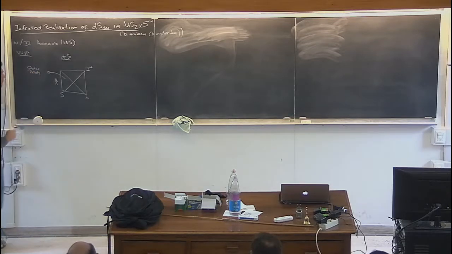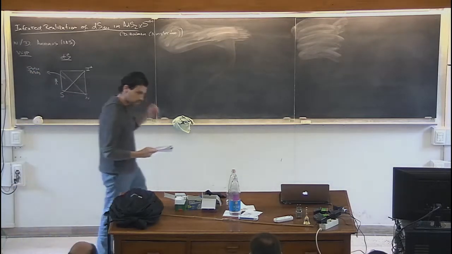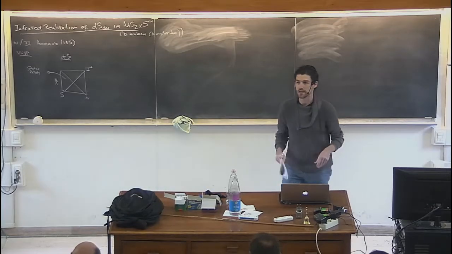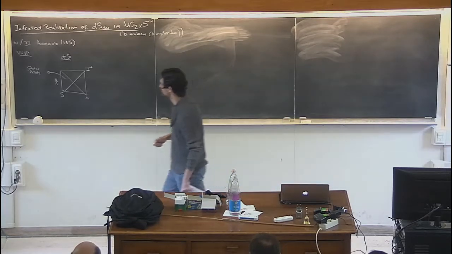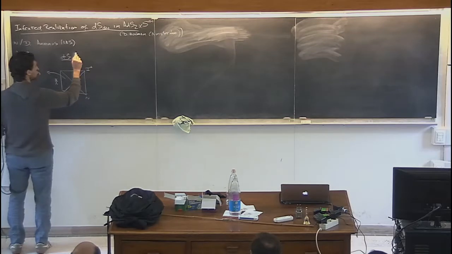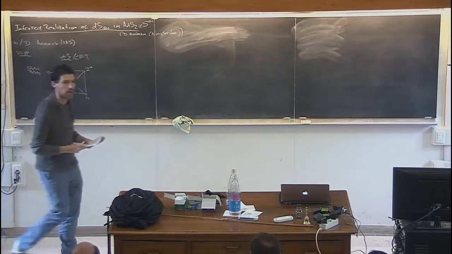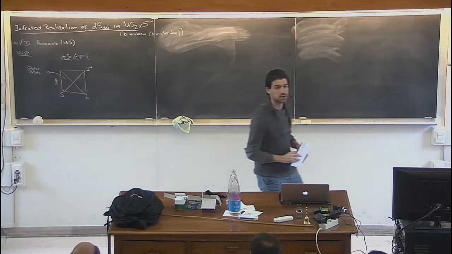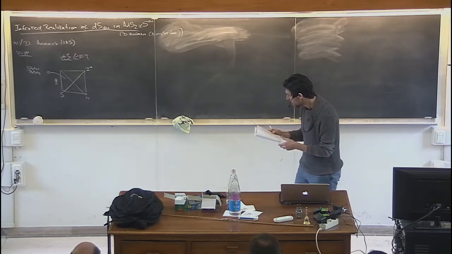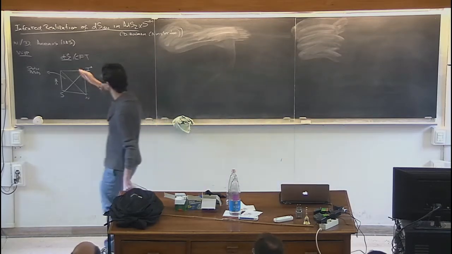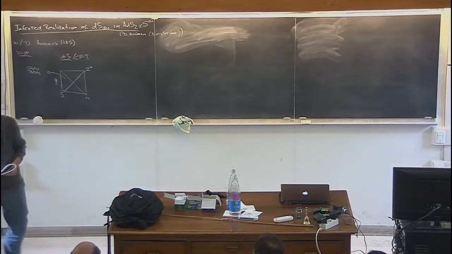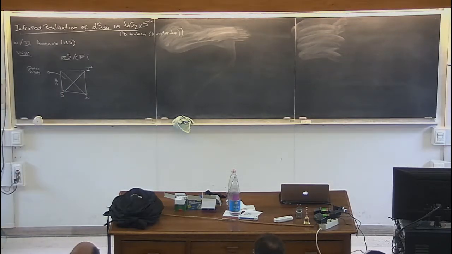Now, if we want to do holography, I guess the state of the art is what's called the dS-CFT correspondence, which is maybe an ill-defined set of rules of how we should think about de Sitter in the context of holography. And what these rules say is, well, let's try to take some of the lessons we understood in AdS holography, and let's try to transport them to de Sitter.